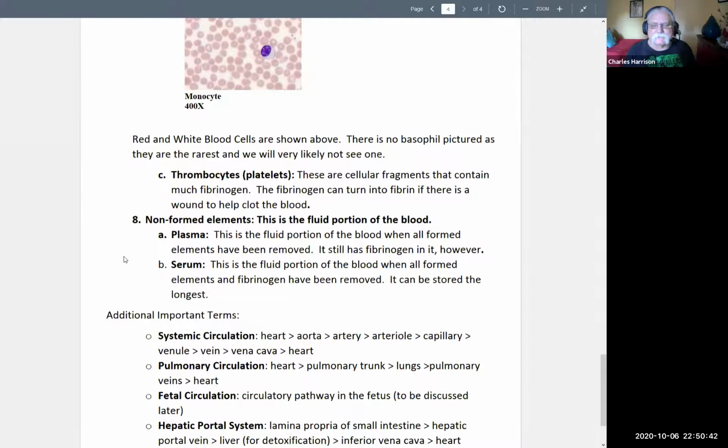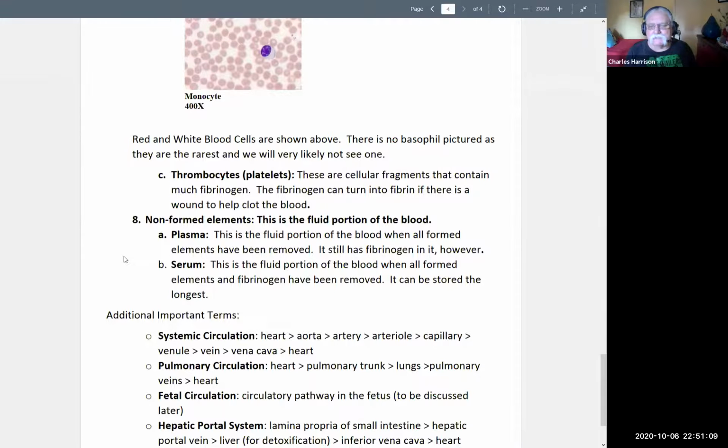Plasma is much more valuable than blood in transfusions and in storage, but it doesn't last forever. And one of the reasons the plasma can be improved upon is that fibrinogen is still in plasma. Okay.